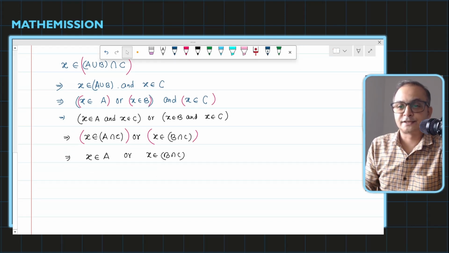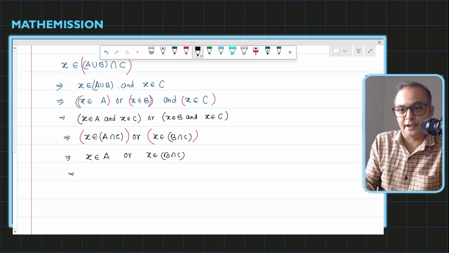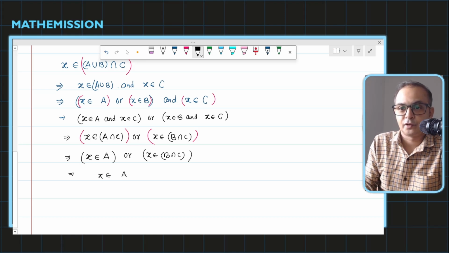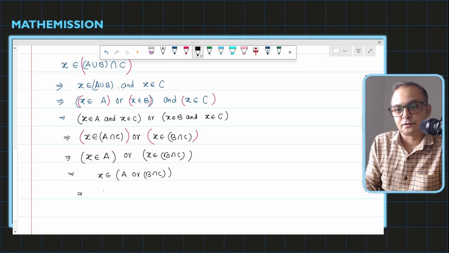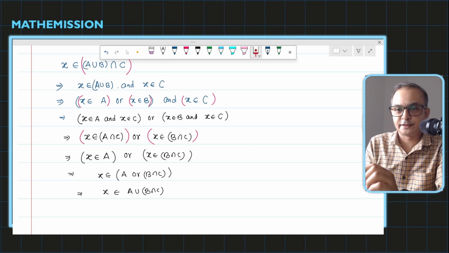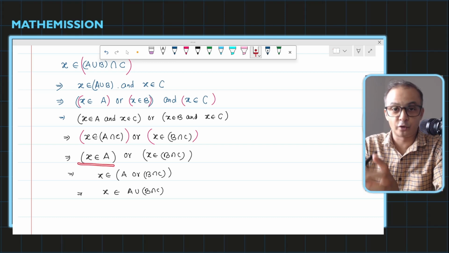And this whole statement now you can write as x belongs to A or B intersection C. And this is over now. You can write x belongs to A union B intersection C. Maybe it's confusing at this point, but we want to prove something.